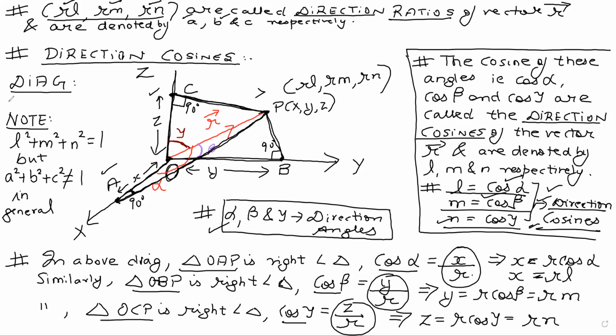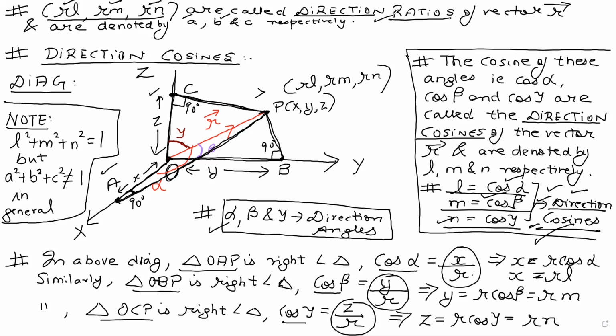All students can write this as a note. l square plus m square plus n square will be equal to 1 always, where l, m, and n are the direction cosines. But a square plus b square plus c square will not be equal to 1 in general, where a, b, and c are the direction ratios. So I can say the sum of the squares of the direction cosines is equal to 1, but the sum of the squares of the direction ratios may not be equal to 1 in general.